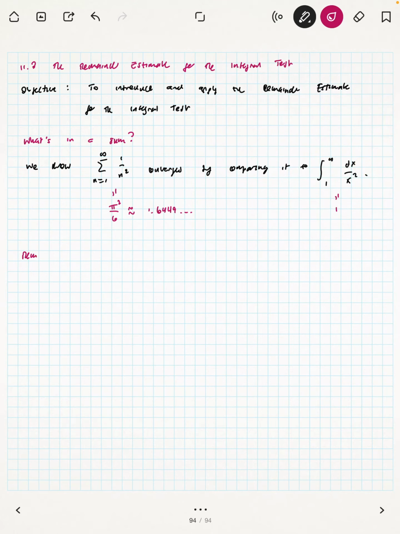So let's make this precise by talking about remainders of series. The idea is we're going to write S_n for the nth partial sum again.